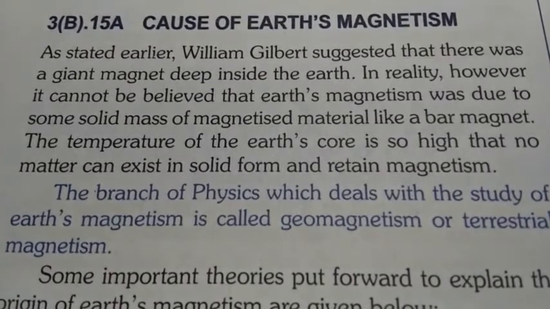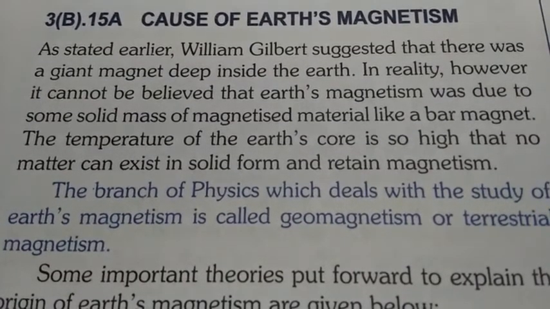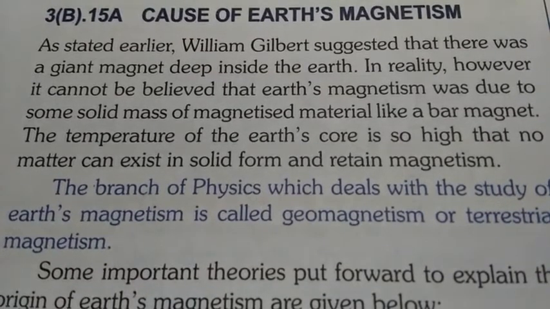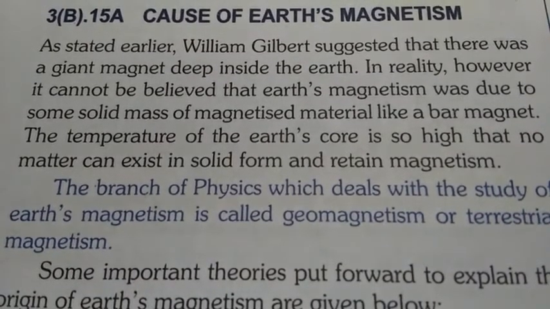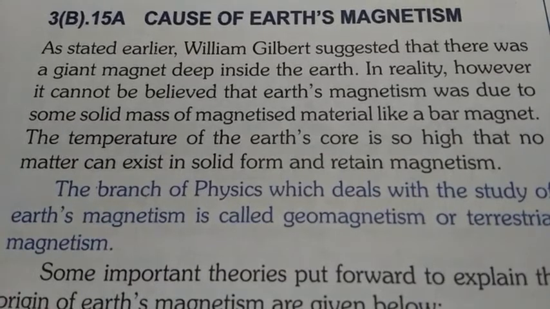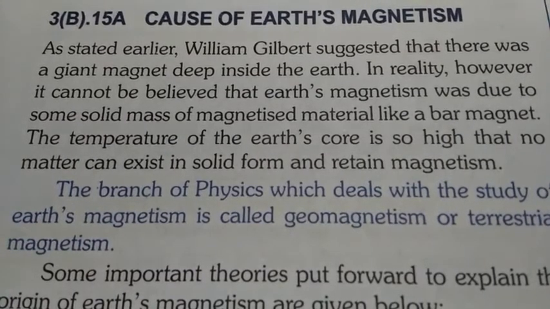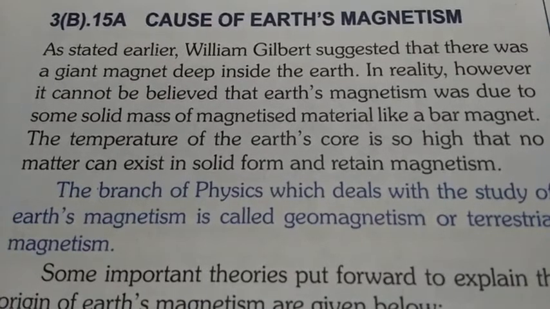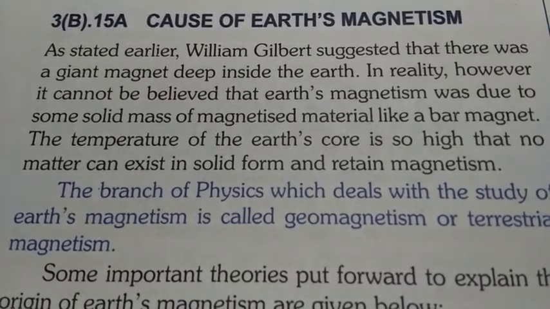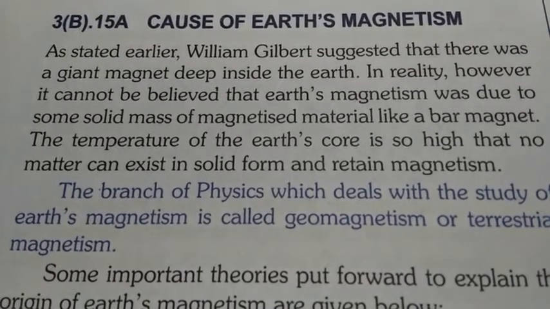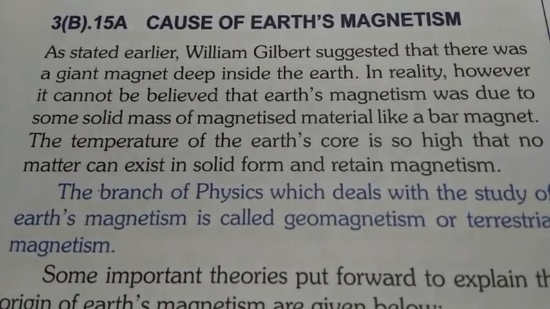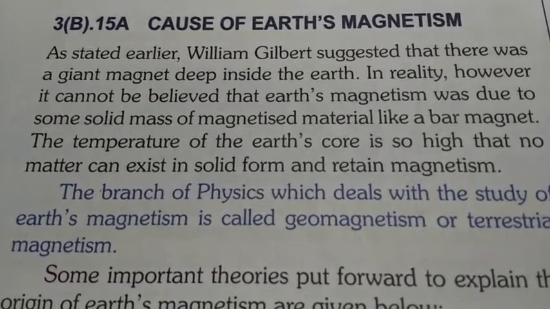Now let us discuss what is the cause of Earth's magnetic field. See, many physicists attempt to tell us the cause of magnetic field, but there is no proper evidence that why Earth is having magnetic field. So first we will discuss all the reasons, and then I will tell you what is the most prominent, most accepted reason of Earth's magnetic field.